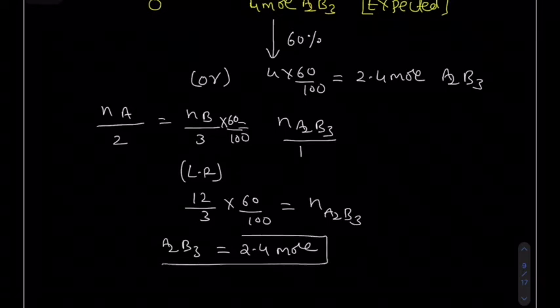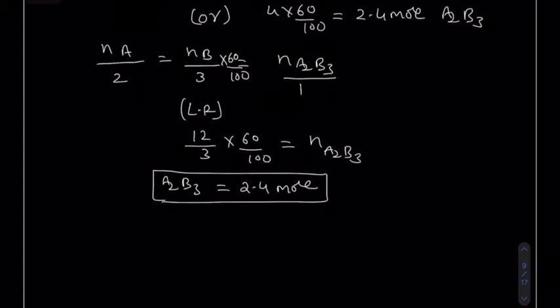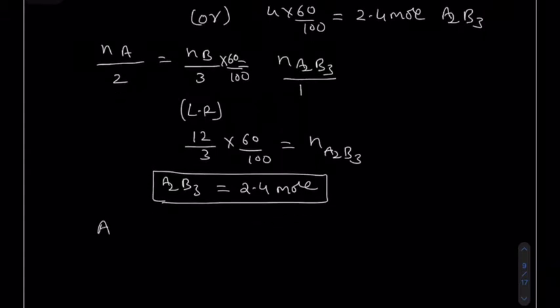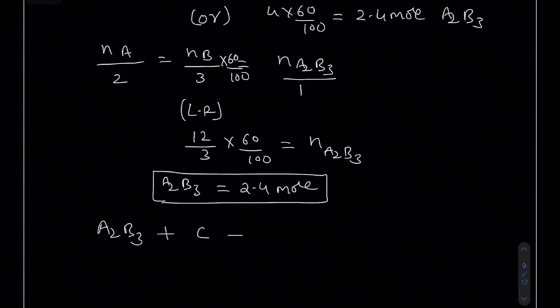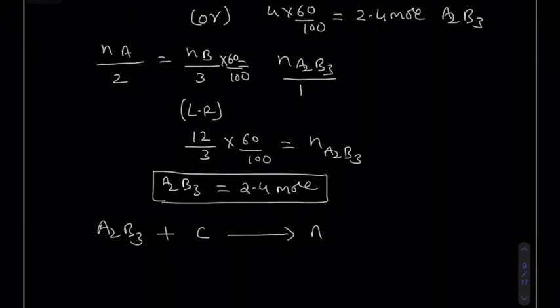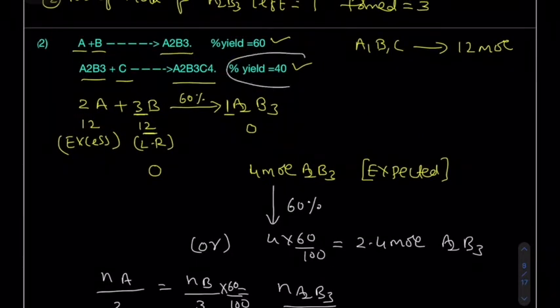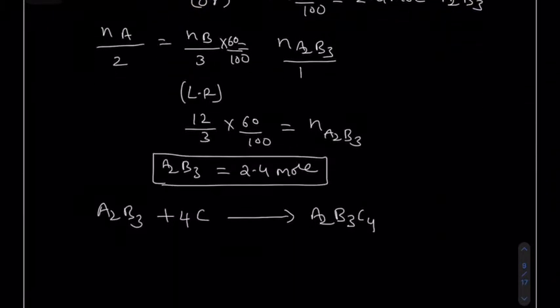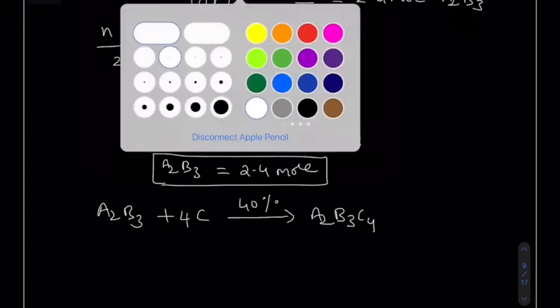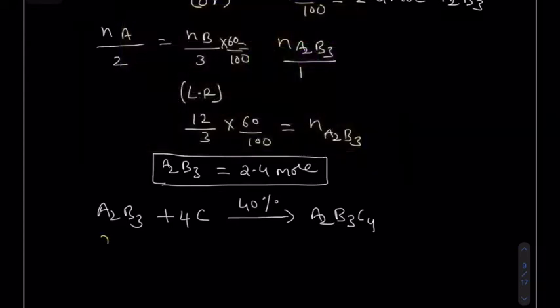Okay. Now the reaction continues: A2B3 will combine with C to give A2B3C4. Now in the second reaction, a percentage is given: 40%. How many moles of A2B3 is formed here? 2.4 moles.